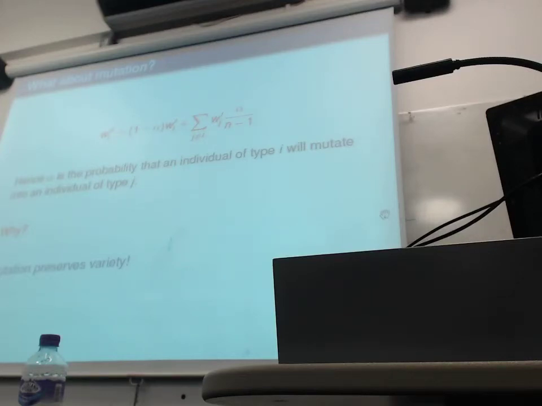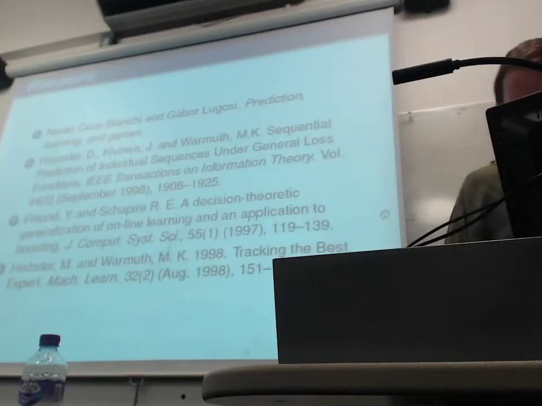So by looking at the GA in the infinite limit, we get the share algorithm, if we have structureless mutation, and we don't have crossover, and we have selection.